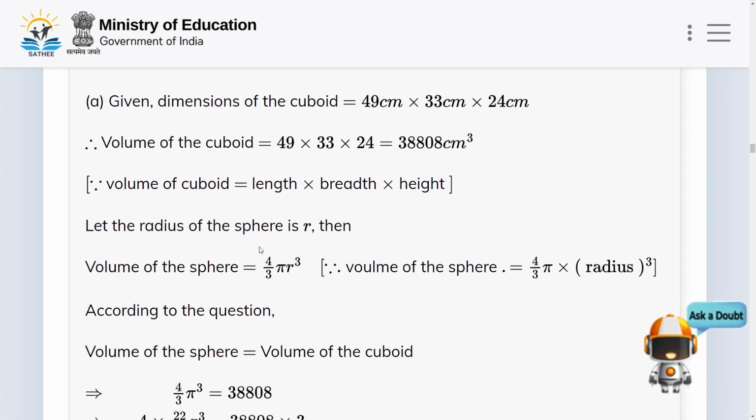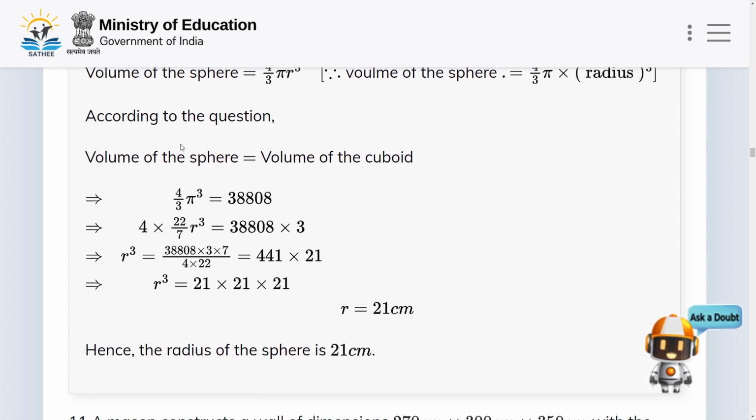Okay, since we know the volume of the sphere is 4 by 3 pi times radius cube. Okay, so now according to the question, the volume of the sphere is equal to the volume of the cuboid. So here the volume of the sphere is 4 by 3 pi r cube, and we have found the volume of the cuboid, that is 38808.